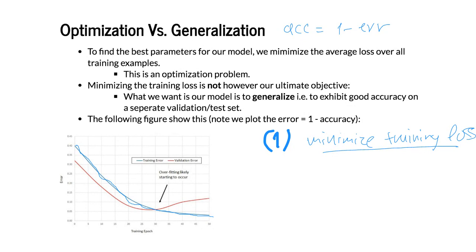Why? Because what we really want from the model is to generalize well to new data. What does it mean? It means that once we train the model, we want to take the model and apply it to some new unseen data that were not used for training, and then check the model's accuracy on that new data.